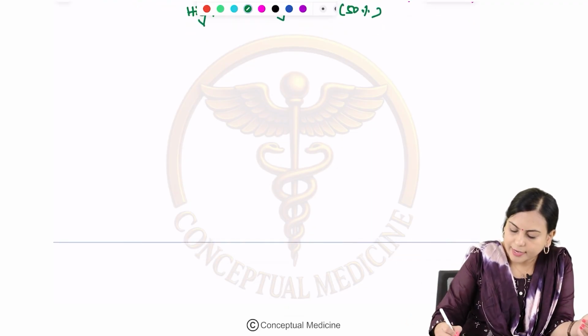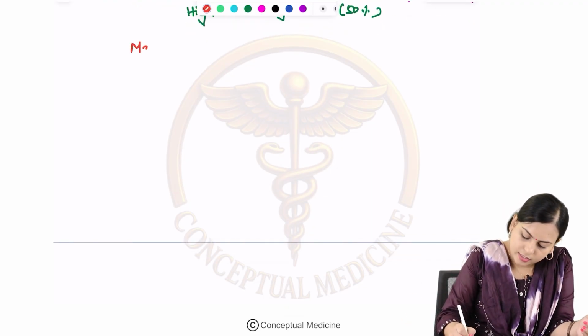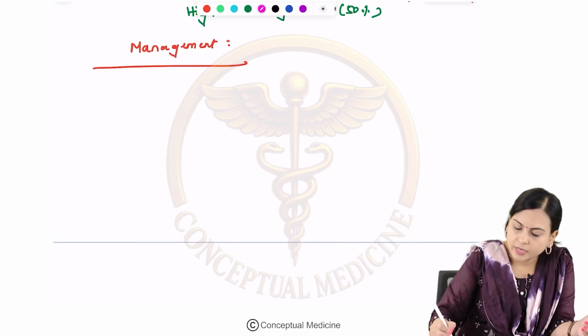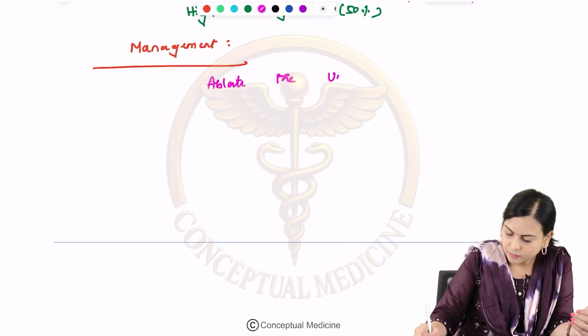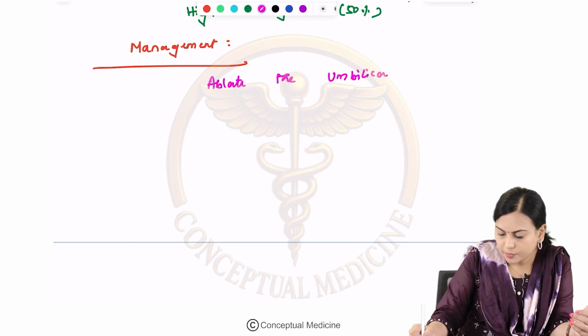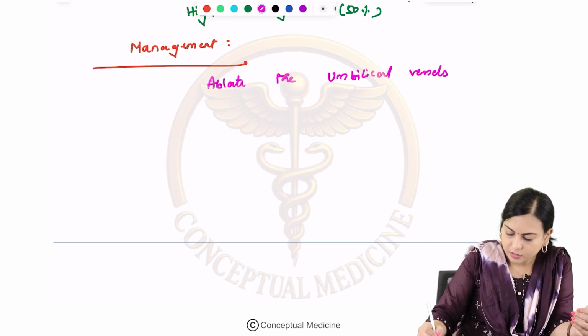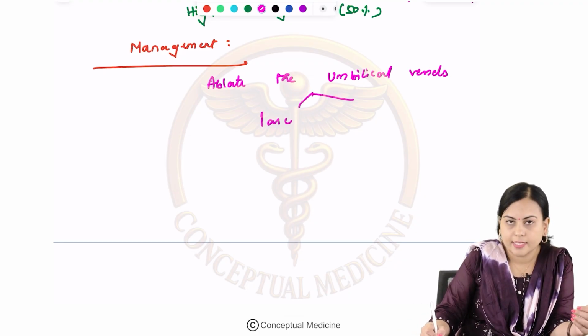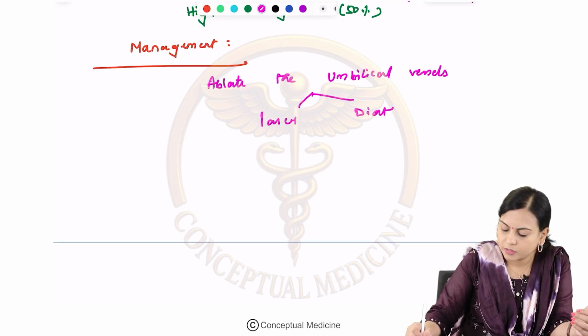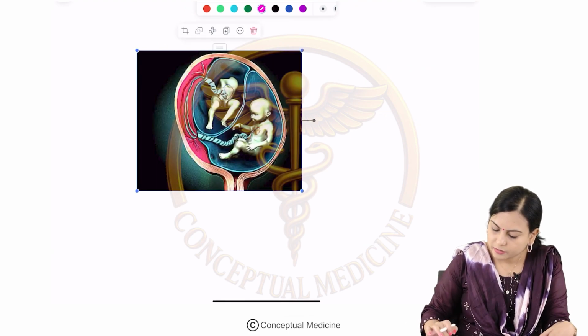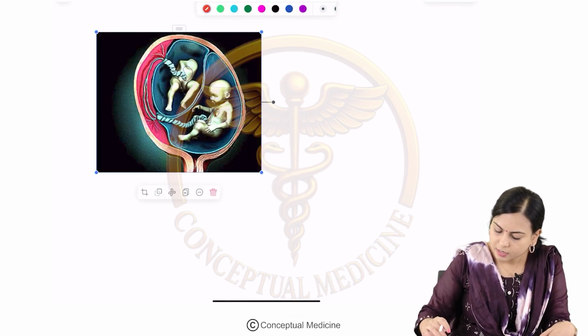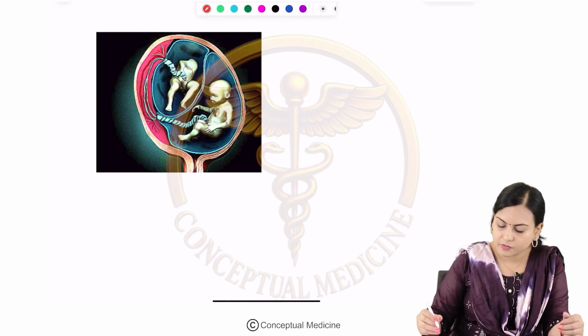Next, we'll see about the management of this complication. So, you can ablate the umbilical cord vessels by either laser or diathermy. Clear? So, here you are able to see the TRAP sequence.